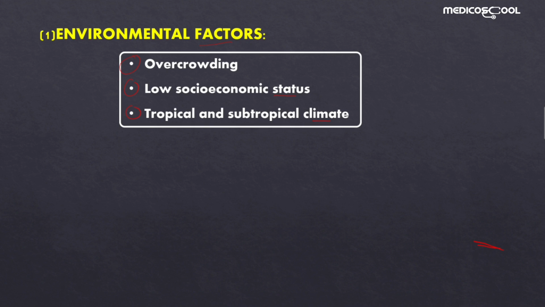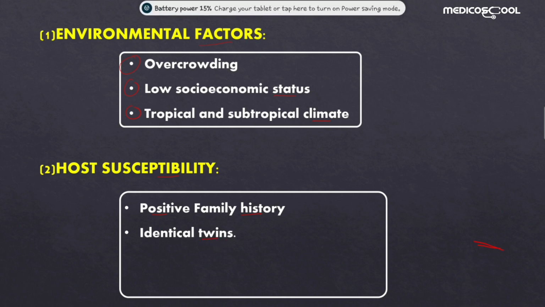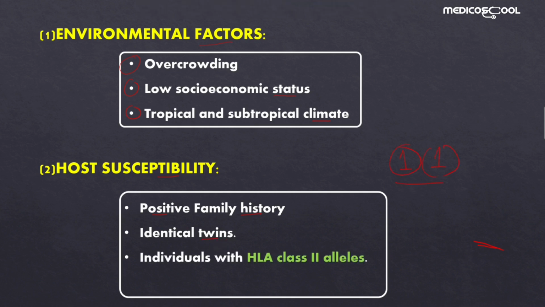The second important factor is host susceptibility. Some people are more susceptible to developing acute rheumatic fever, and those people have the following factors. They have a positive family history, i.e., occurrence of acute rheumatic fever in the family, and those who are identical twins. The third one is individuals who have HLA class 2 alleles.